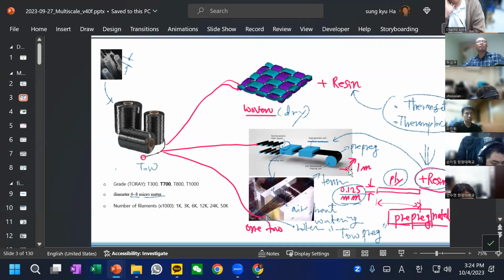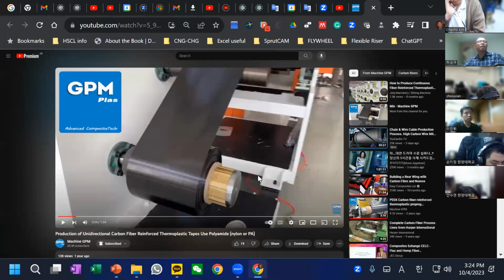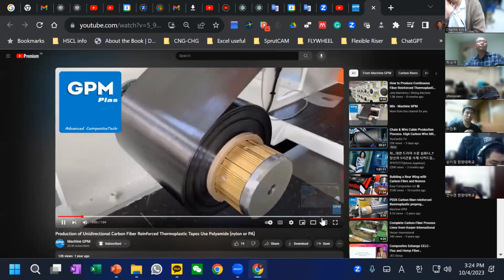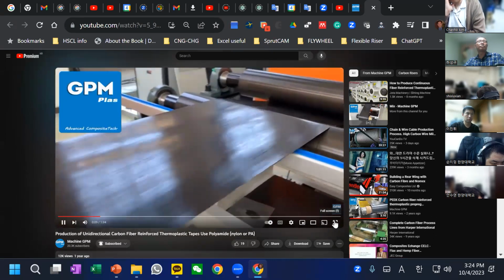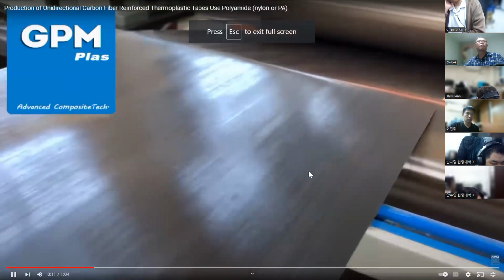Now in this case, the width will be about 1 meter. That is the standard, and this shows the thermoplastic tapes. This is the thermoplastic tape.